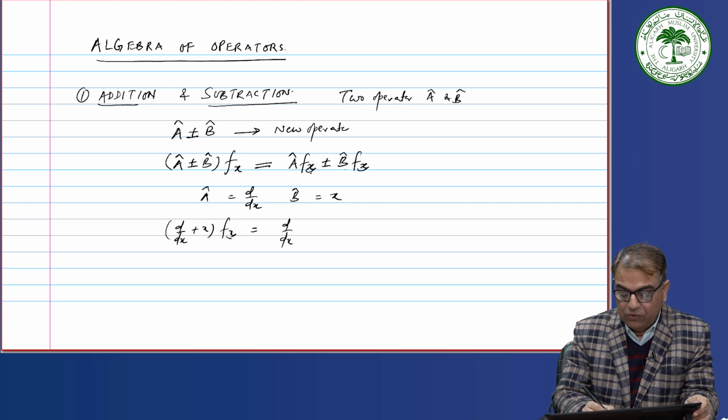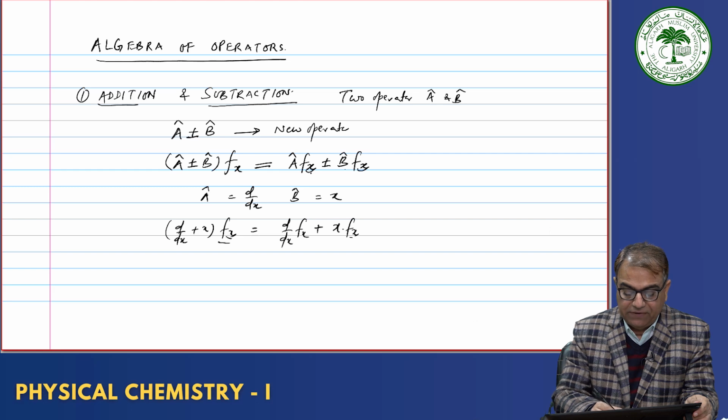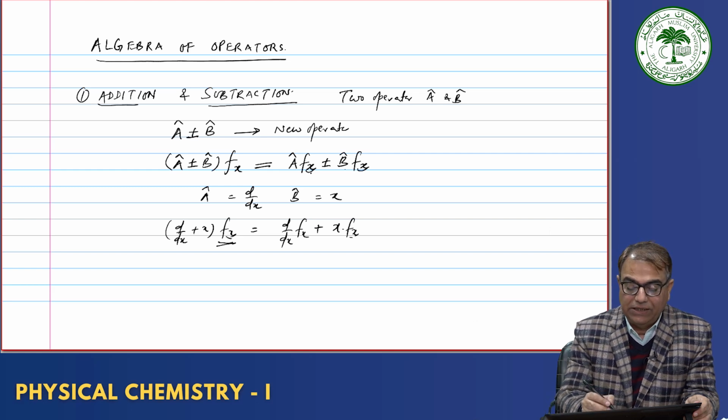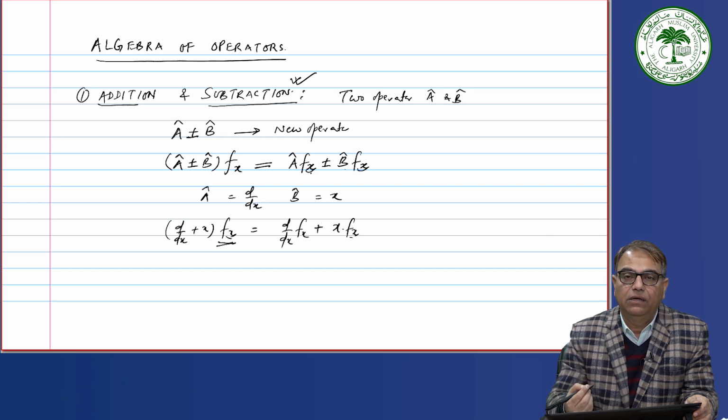It should be equal to d/dx of f(x) plus x into f(x), multiplication by x. So this way we can talk about many different variations of addition and subtraction. You can take a specific mathematical function and check it. So addition and subtraction lead to a new operator with which you can operate on a function.